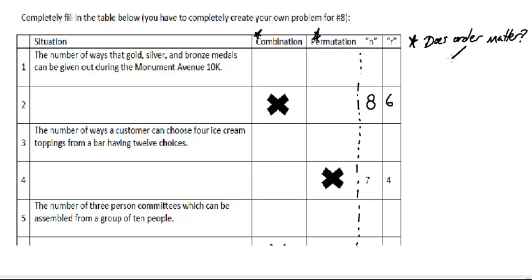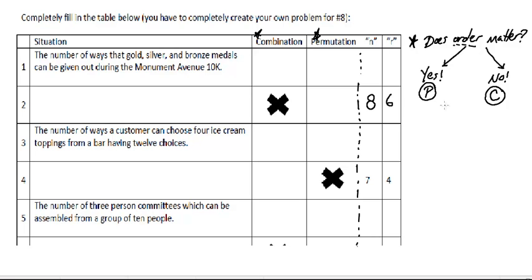There's obviously one of two choices. Yes, the order matters, then it's a permutation. And if the order doesn't matter, then it's a combination. Now when I say order, what I mean is the order in which I make these selections.